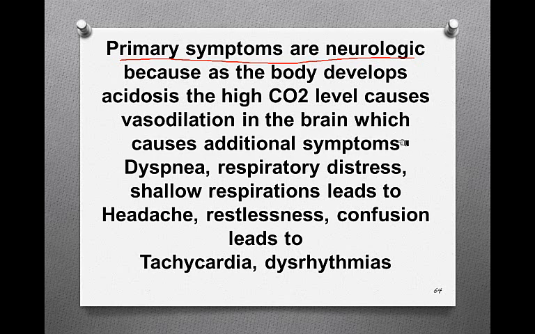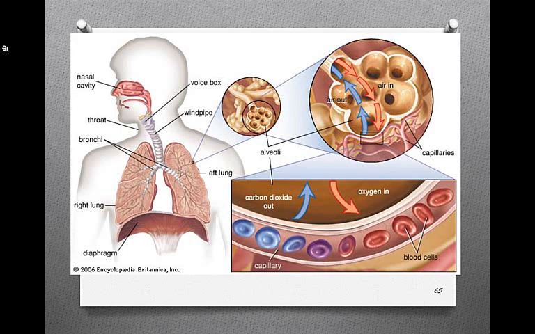And this causes additional symptoms like dyspnea, respiratory distress, shallow respirations, which lead to headache, restlessness, confusion, and ultimately tachycardia and dysrhythmias. Here we have a slide showing respiratory acidosis.